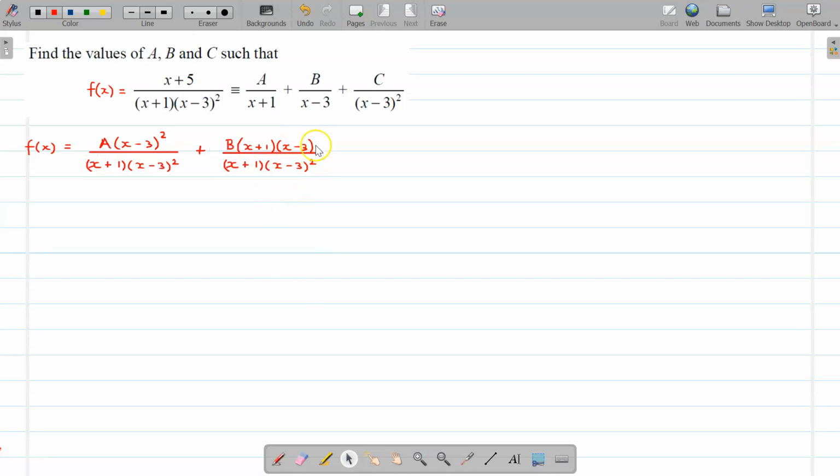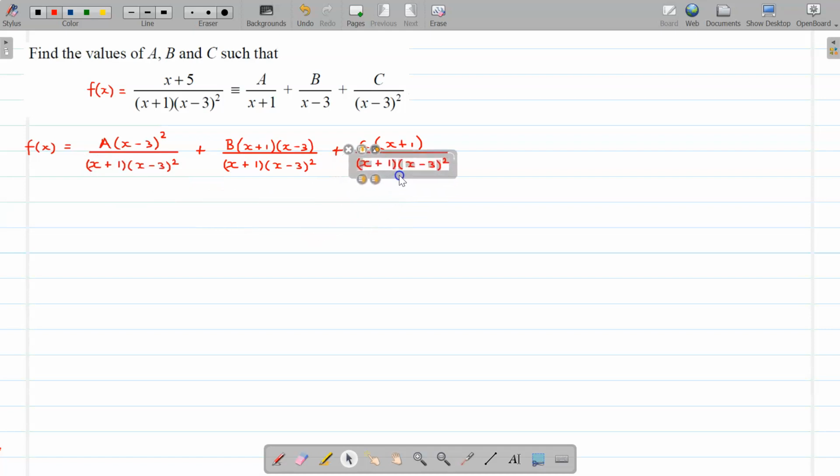Then I've got one more fraction to add in, which is c. The c's already got the x minus 3 squared on the bottom, so all I need with the c is the x plus 1. Then the denominator of that third fraction again is a copy of this, so let's take another copy and drag it across to here.